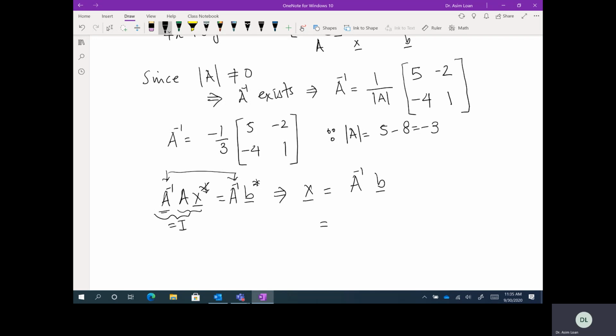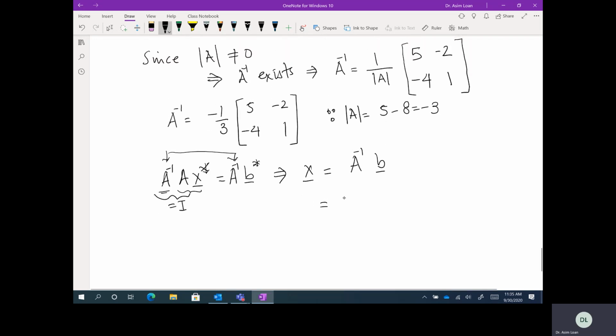So let's find this one. A inverse is -5 over 3, 2 over 3, 4 over 3, -1 over 3, multiplied by B. B is 3 and 6. I hope you know how to multiply. There are a few ways of multiplying a matrix and a vector.